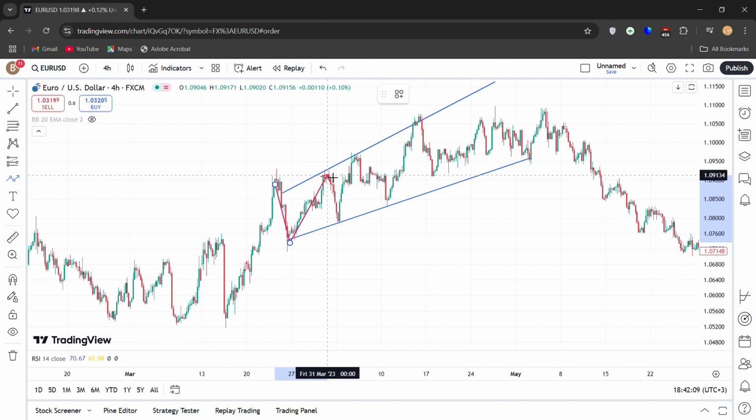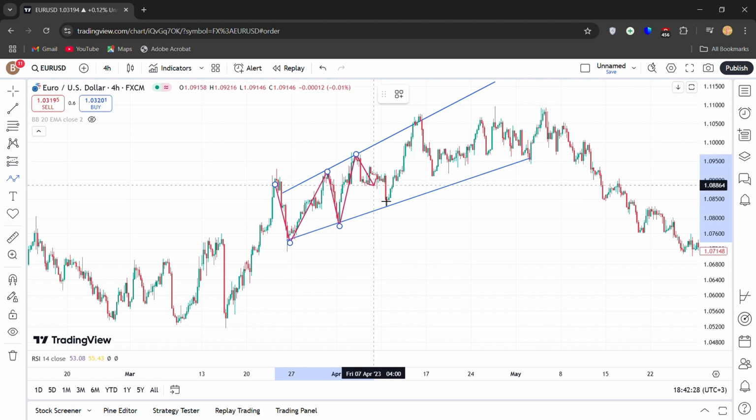So they pushed the market further to this level, and then the sellers were like, no, we should push the market further down to this level. And then the buyers were like, no, we should push the market further up to that level. As you can see, it is within our trend line, reaching the points of our trend line.